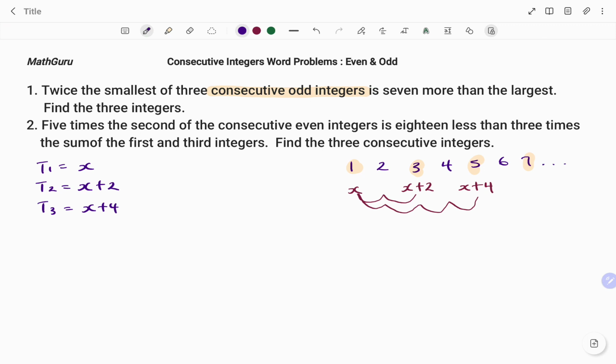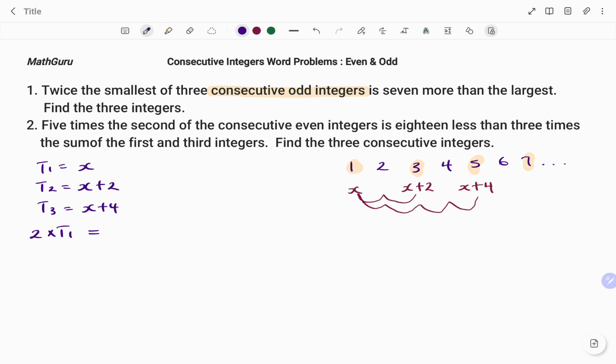Now the question says twice the smallest. The smallest is the first one, which is t1. So I have 2 times t1, twice the smallest of 3 consecutive odd numbers, is 7 more. The word "is" there means equal: 7 more than the largest.